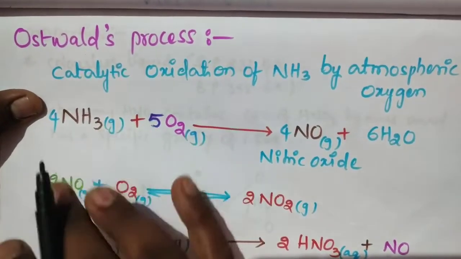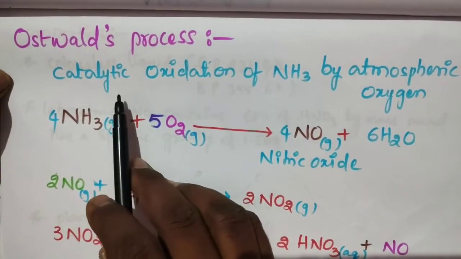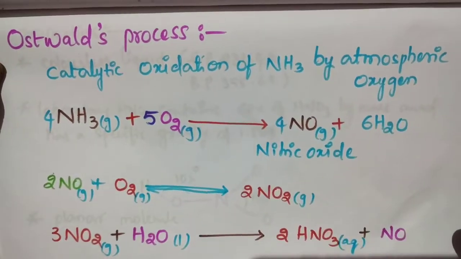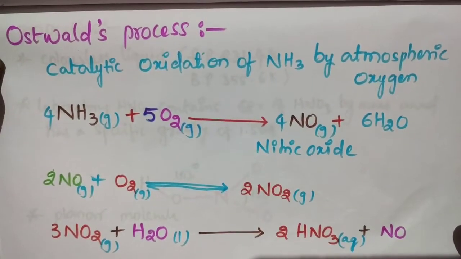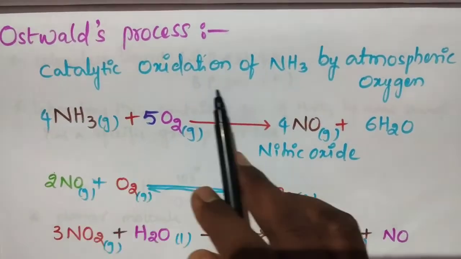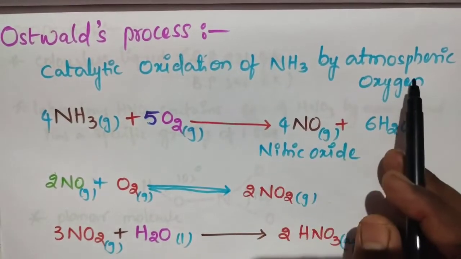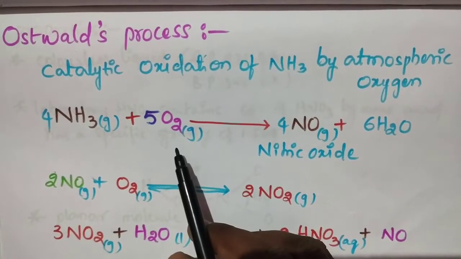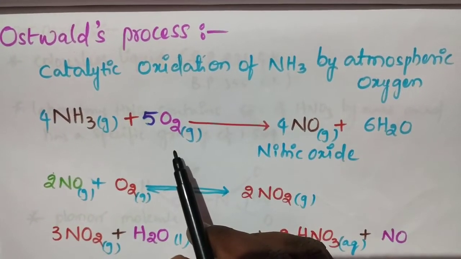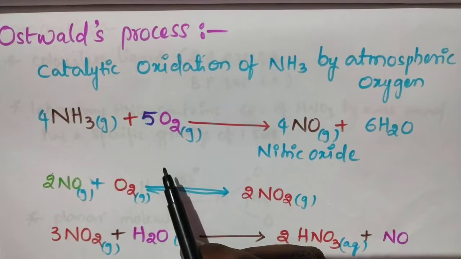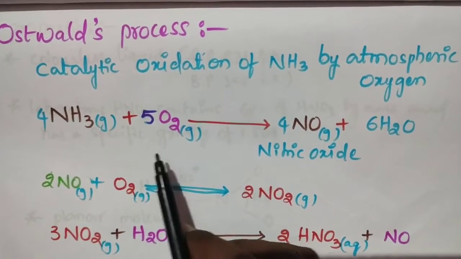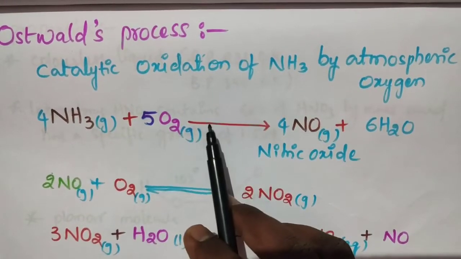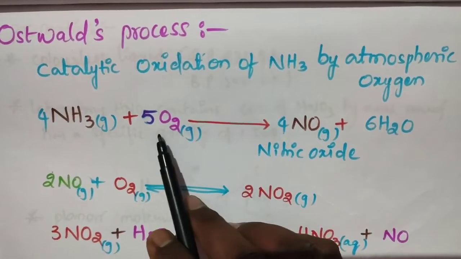By following the Ostwald process, a large quantity of HNO3 is prepared. In this, oxidation of ammonia by atmospheric oxygen. The reaction is carried out in 3 steps. HNO3 is prepared by the following 3 steps. In the first step, the catalytic oxidation of ammonia by atmospheric oxygen.